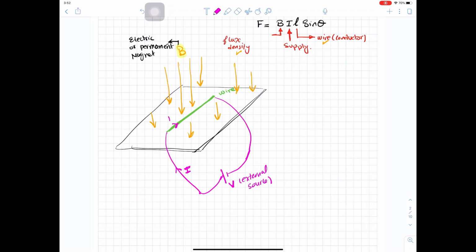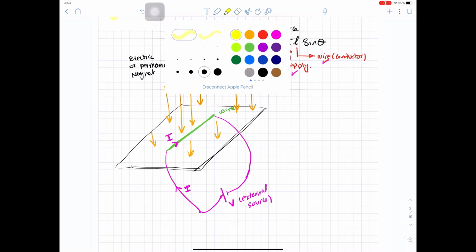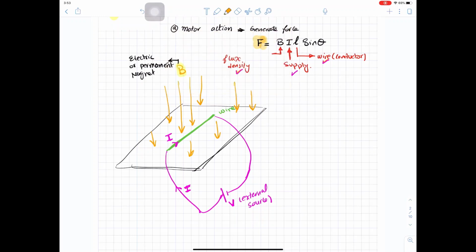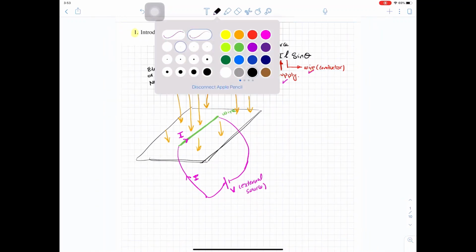So we have a current I going inside the wire. If we have these three components, which is the flux density, the supply, and the wire, we are generating a force. And to get the direction of this force, we will use the left hand rule.